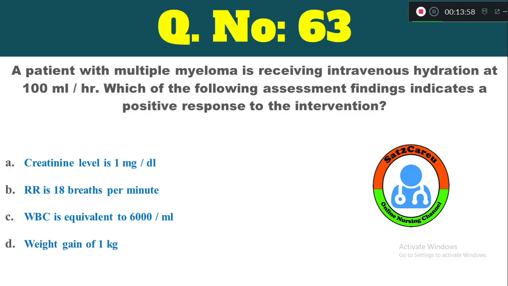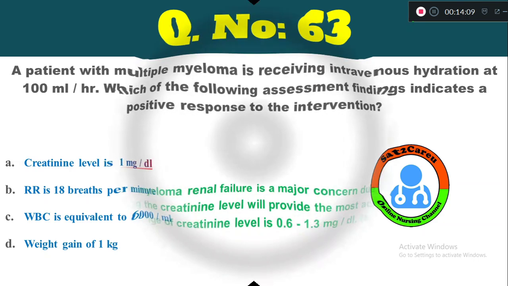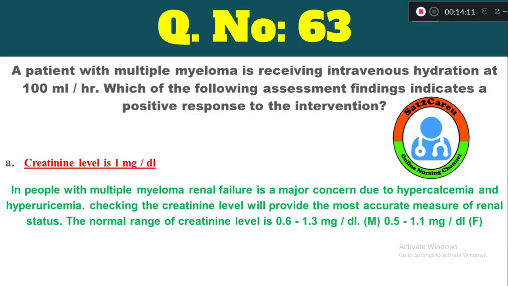So in a client who is receiving intravenous hydration at 100 ml per hour, the assessment finding which will indicate a positive response to the intervention is option A, creatinine level of 1 milligram per deciliter. In people with multiple myeloma, renal failure is a major concern due to hypercalcemia and hyperuricemia.